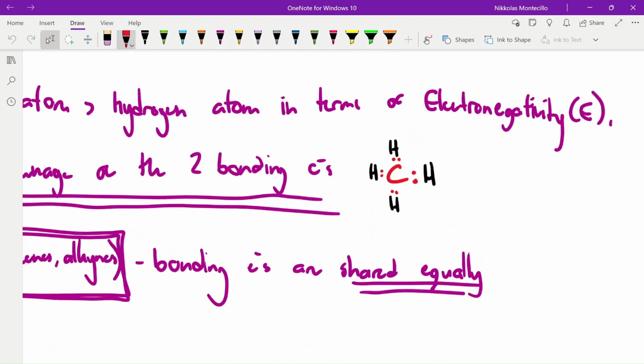Although there is a covalent bond shared between the two atoms, there isn't necessarily equal sharing of electrons, which is why we would refer to this as polar covalent bonding, where one atom tends to, in a sense, steal ownership of the electrons relative to the other participating atom. So in this case, between the carbon and the hydrogen, the carbon will tend to take most of the electrons.